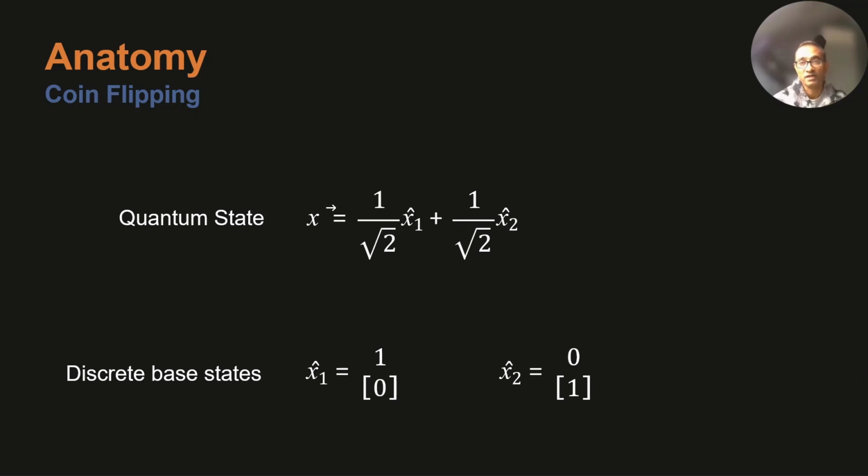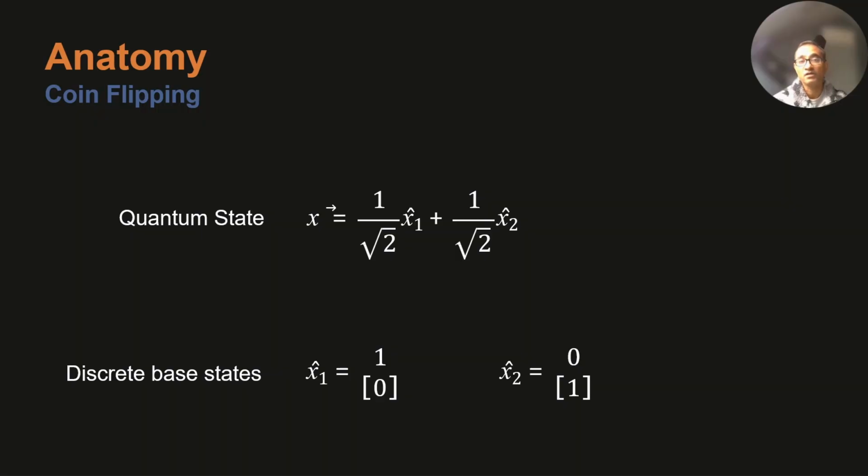What we need to understand is that the amplitude squares of the base states have to be added and remain a sum of 1.